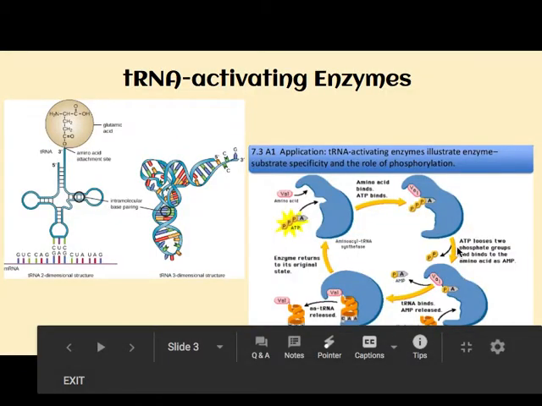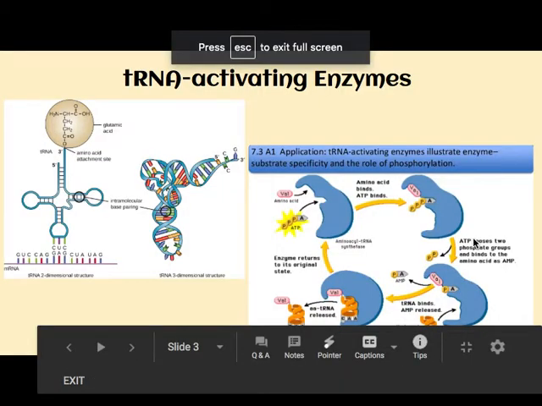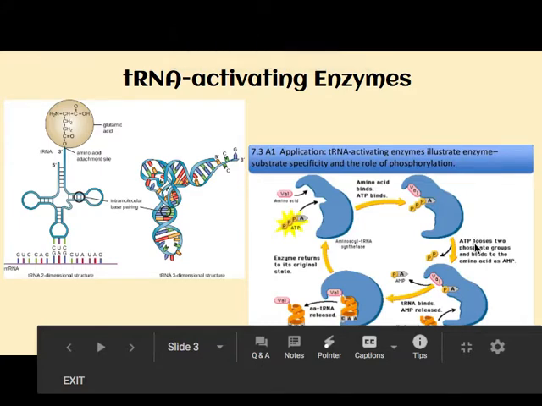So the energy from the hydrolysis of the ATP gives energy to the enzyme to bind that amino acid with an incoming tRNA. Okay? So ATP is used.